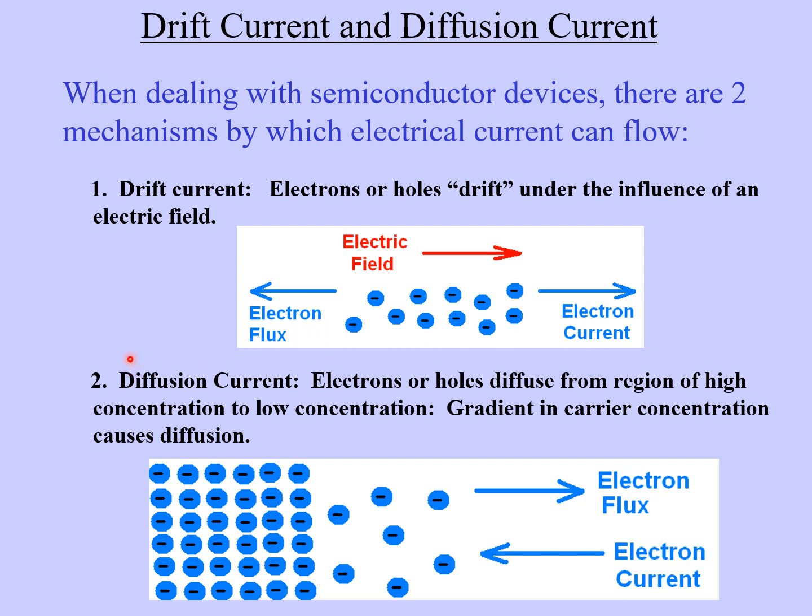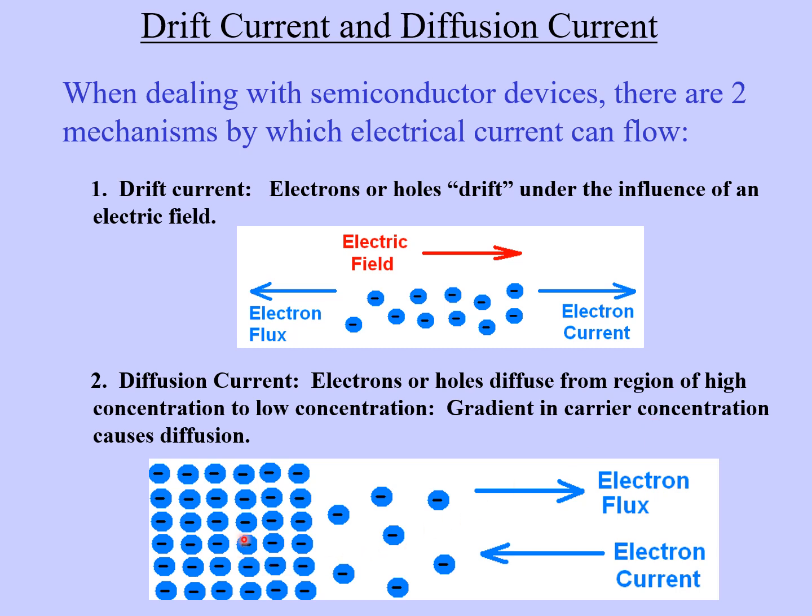The other type of current that we're going to cover in the next section is called diffusion current, which is very different. In diffusion current, electrons or holes diffuse from a region of high concentration to low concentration. So it is a gradient in the carrier concentration which drives the diffusion.